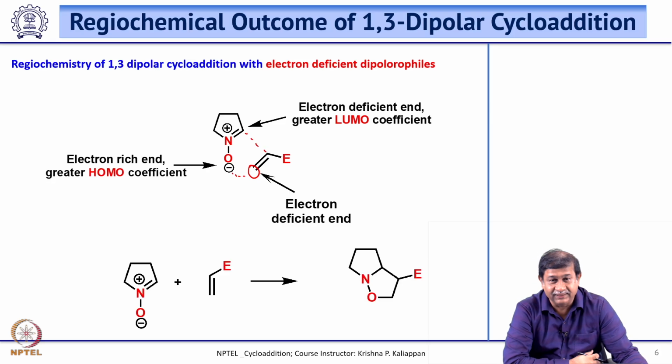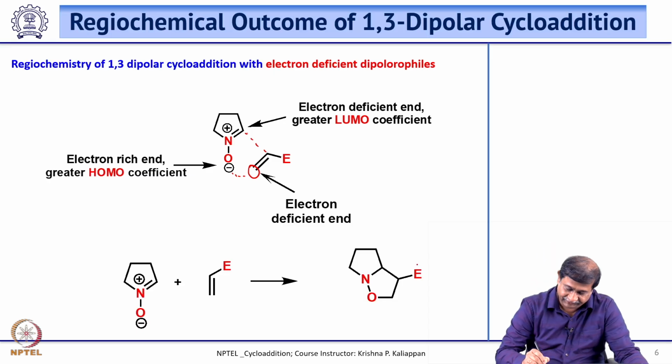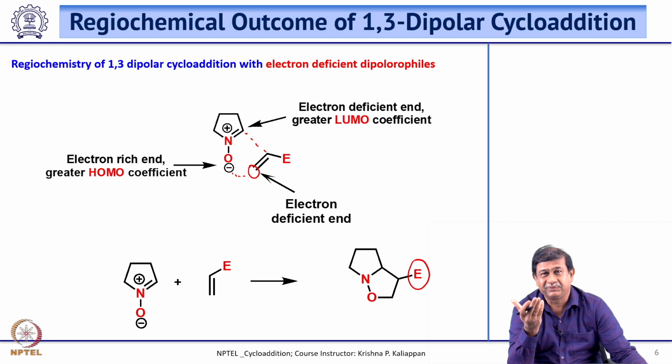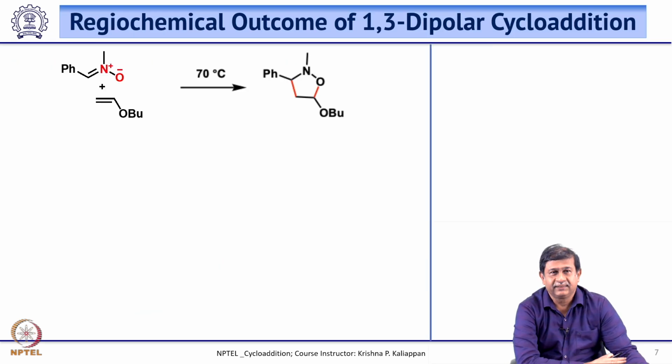So, that means you will get the opposite regiochemistry. If you have an electron withdrawing group attached to the dipolarophile, then you will get this regioisomer. Okay. So, the regiochemical outcome of 1,3-dipolar cycloaddition between nitrone and dipolarophile depends on the nature of the substituents attached to the dipolarophile.